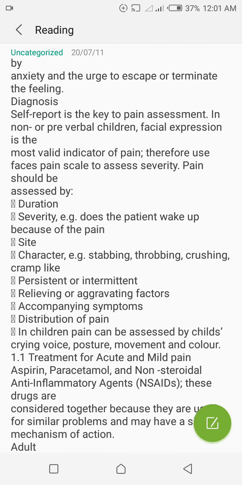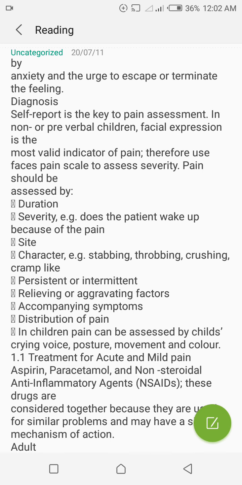In non-verbal or preverbal children, who cannot talk yet, the infants, facial expression is the most valid indicator of pain. How they express their faces is the valid indicator of the pain. Therefore, use a faces pain scale to assess severity.